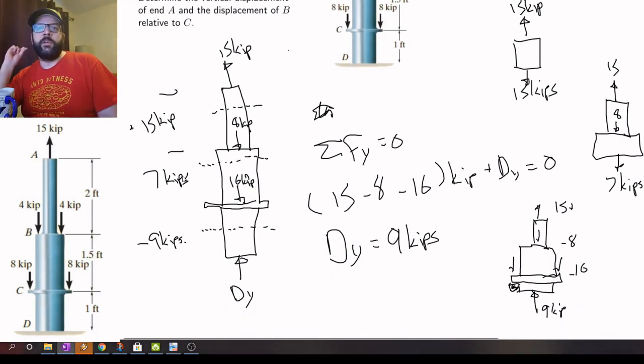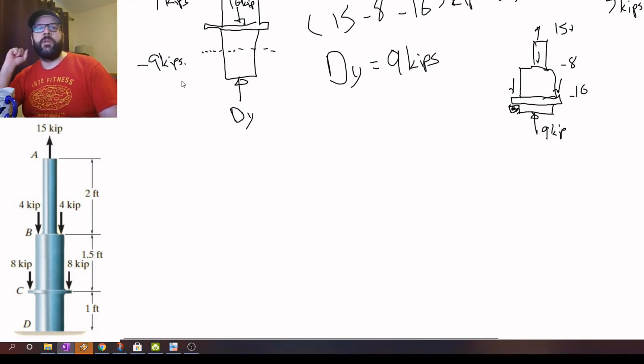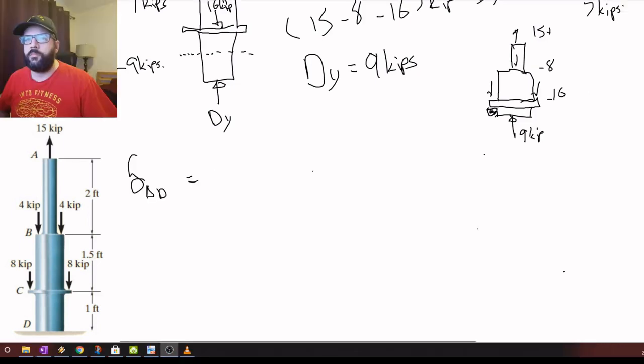Got the larger cross section and the 7 kip tensile, and then we have the 9 kip section compressive and the larger cross section. So three distinct sections that we can find the total displacement for. So we'll call that a displacement from A to D.